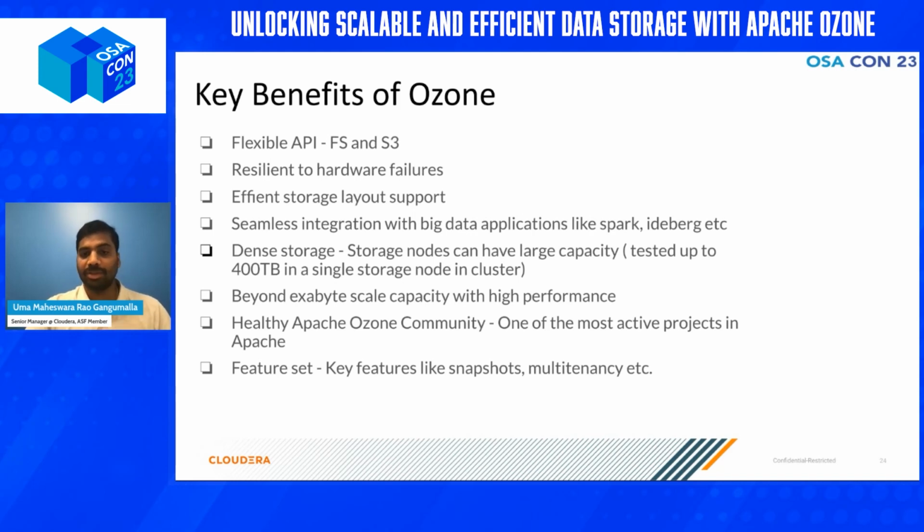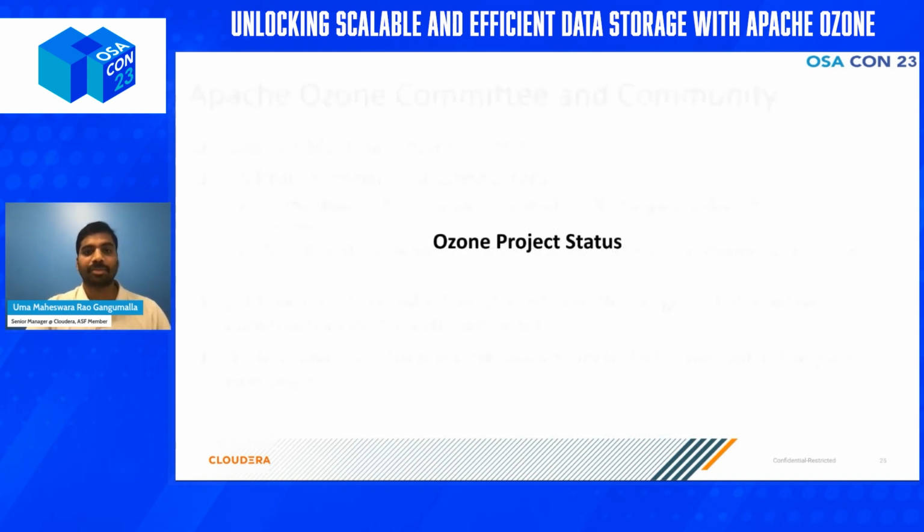And the community is very healthy and one of the most active projects in the Apache Foundation. The feature set is also growing, and we have features like snapshots, multi-tenancy, etc. And we keep working on the feature roadmap.